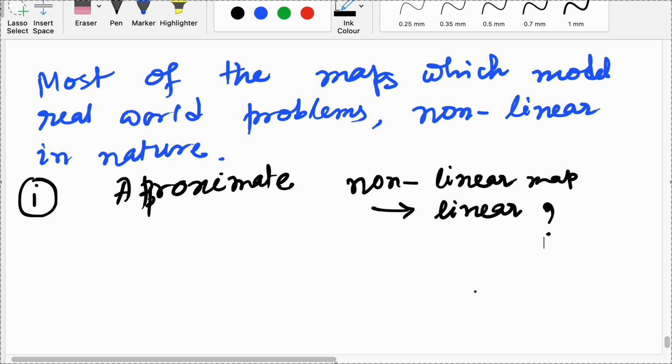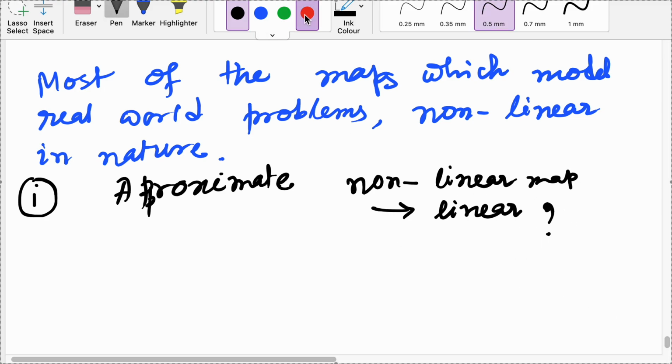So we will see that first. If I can write a linear map which closely mimics the behavior of the non-linear map, then from that linear map, since we have already developed our tools, we can say what the behavior of the system is if it evolves according to the linear map.